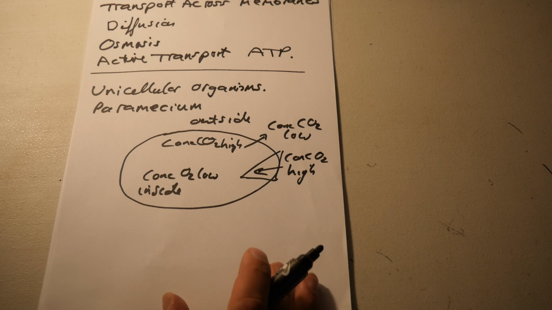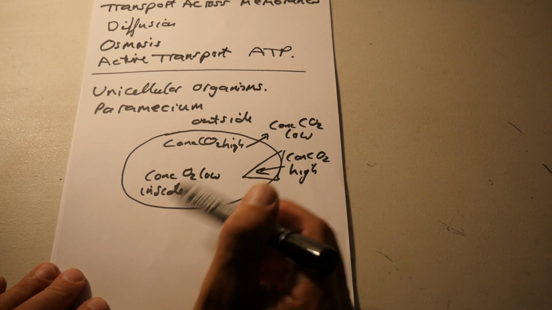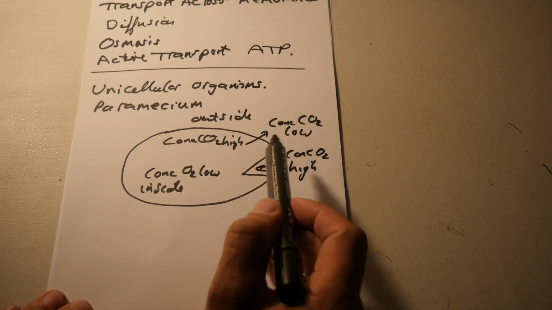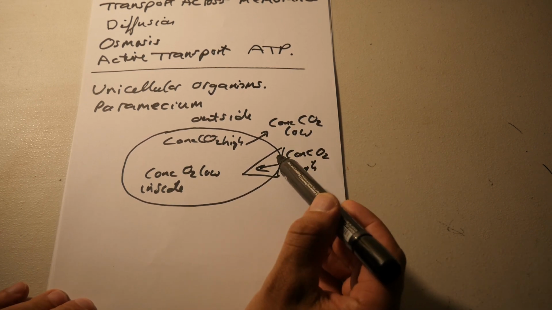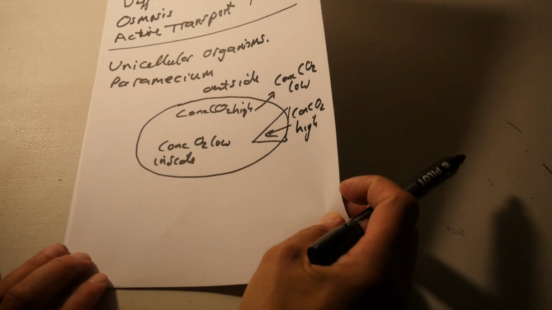So different substances can move into or out of the cell. That arrow represents going from high concentration to low concentration.